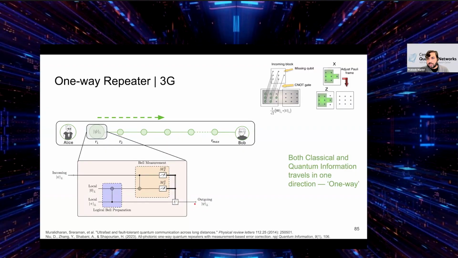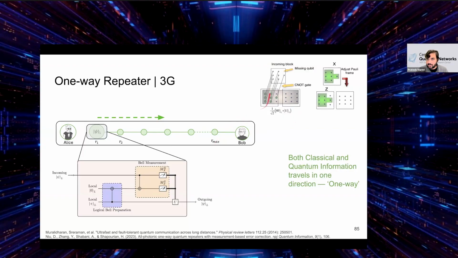Now, usually how that works is you have this incoming state, which is missing some qubits because these photons got lost in transit. Then you apply these qubit-to-qubit CNOT, or transversal CNOT, operations between the incoming block and the fresh logical Bell state that you had prepared locally.